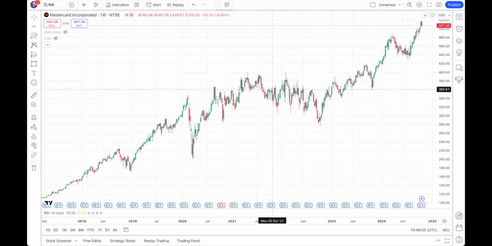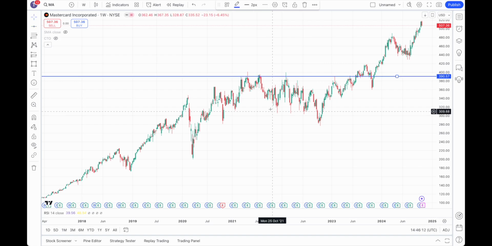Looking at this chart, I can see maybe around here, around the $390 level, there's resistance. You can see price comes up to it, bounces down, comes to it again and comes back down, comes back down, it breaks out, and then it bounces at the same level over here, goes up, bounces at the same level, eventually breaks down and goes back up. So I know that this 390 level is an important level.